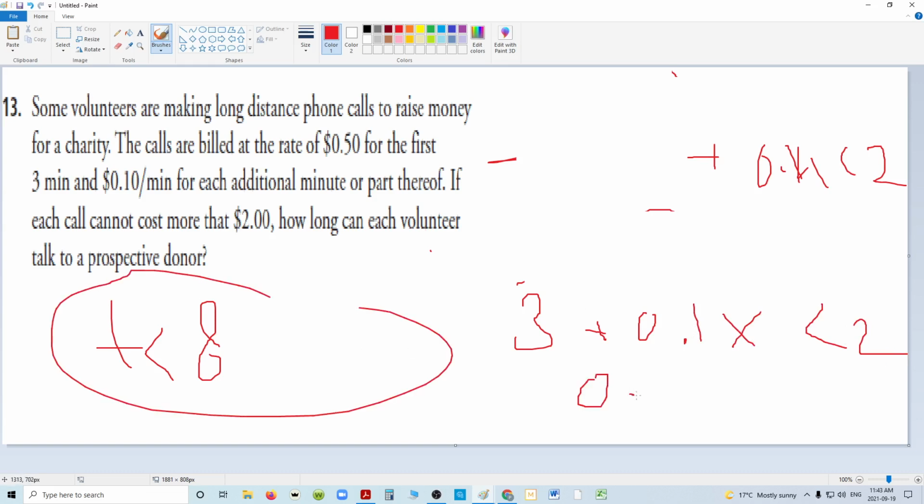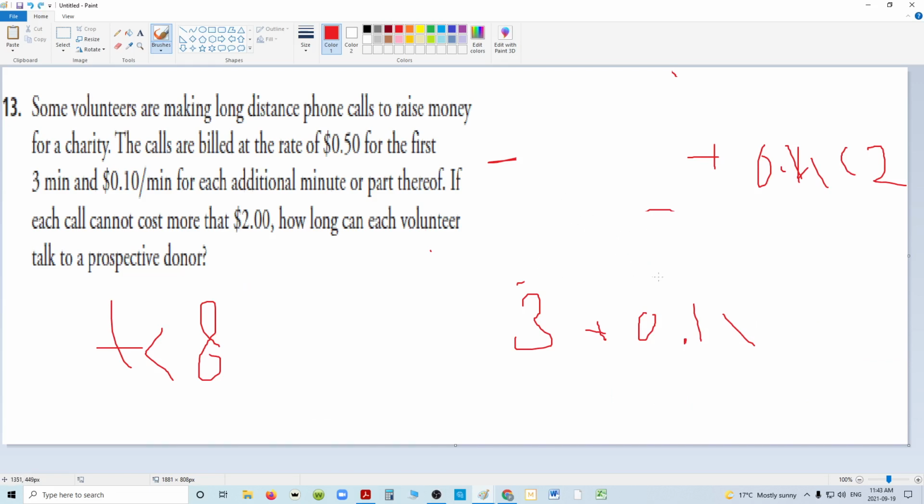So you get 0.1x, and so that's 3 minutes. Are we working in minutes here? No, that doesn't work. Might work with minus 3. So minus x is smaller than 5, and when I divide by 5, no, that still doesn't work. Oh well, the way I just did it does work.